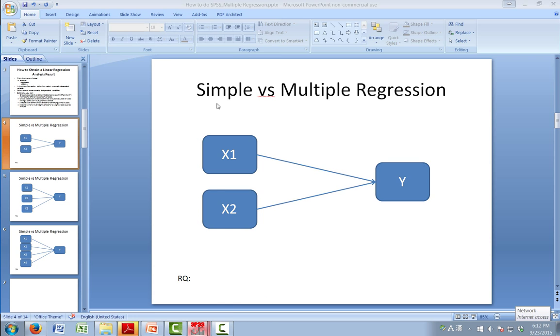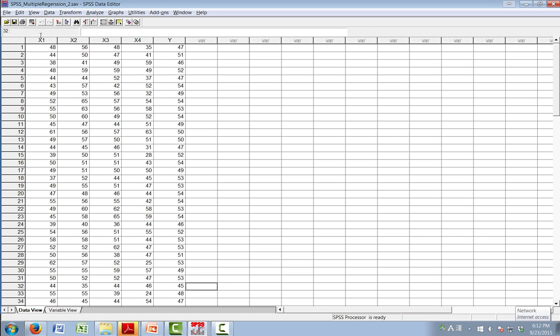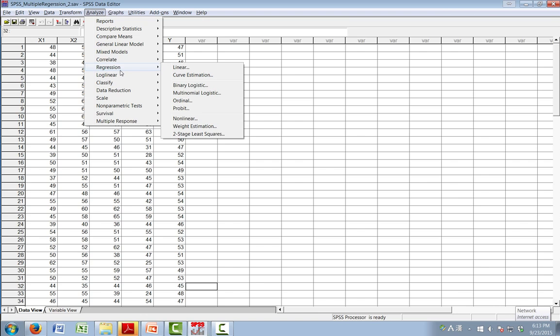Right. First of all, in SPSS there are four potential independent variables here, and we have the dependent variable, which is y. Analyze, regression analysis, linear regression, right?